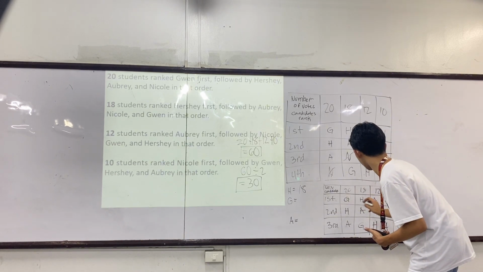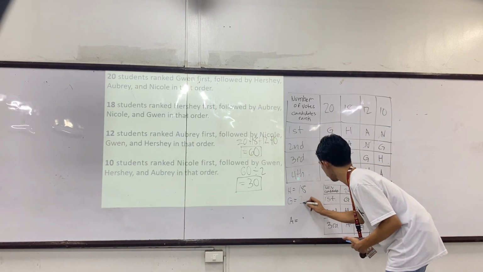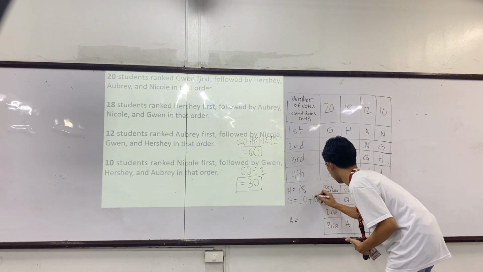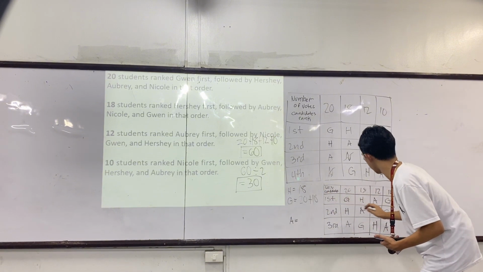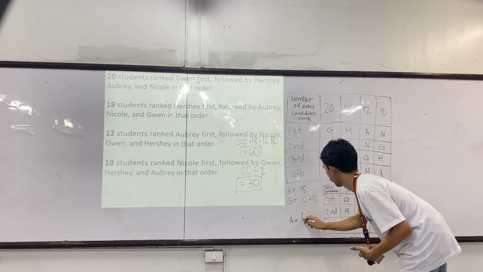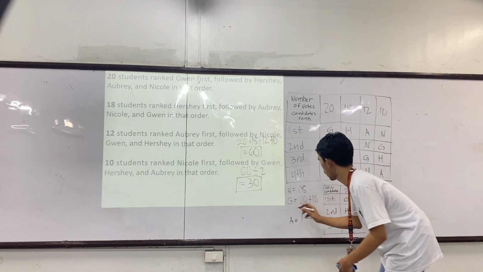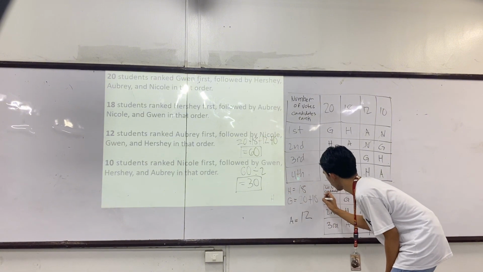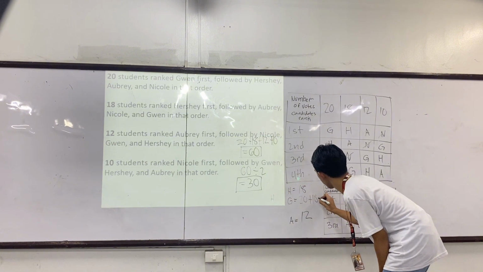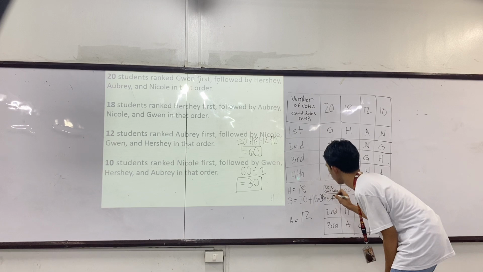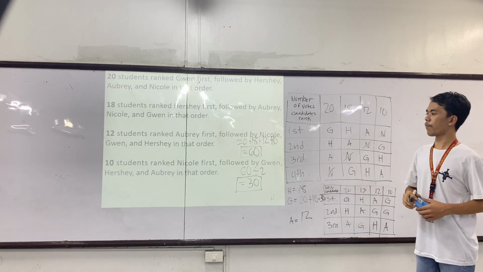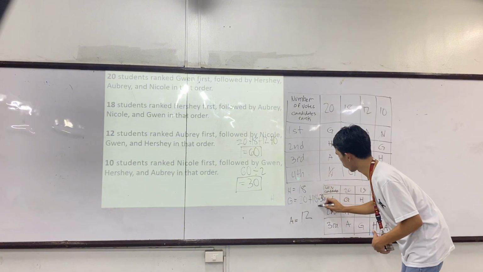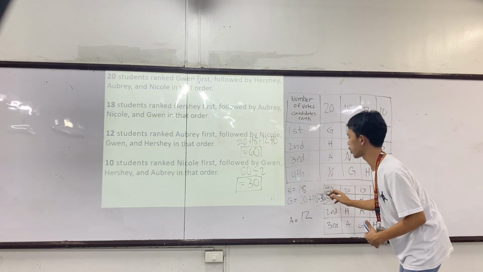Gwen received 20 plus 10. And Aubrey received 12. So in total, Hershey got 18 and Gwen got 30. So the winner of this class representative is Gwen, because Gwen has the majority vote, which is 30.